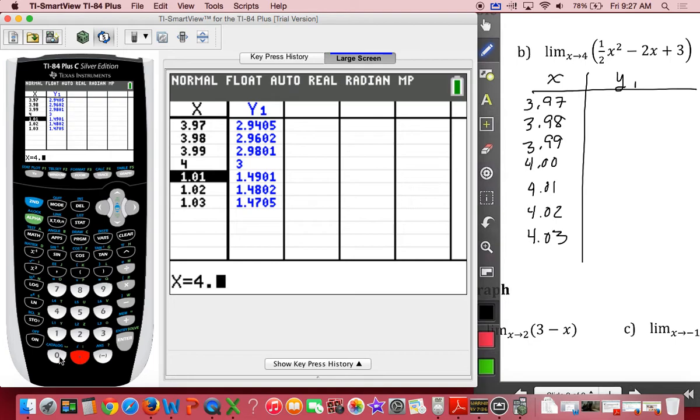Ben, you can join in. So write down the values as I put them up there, right?